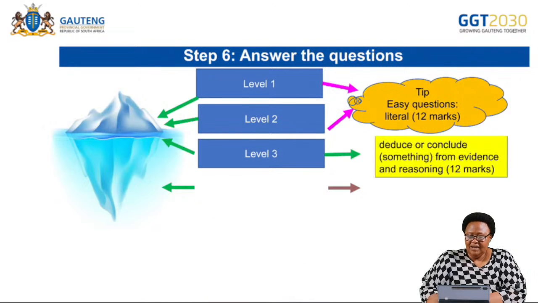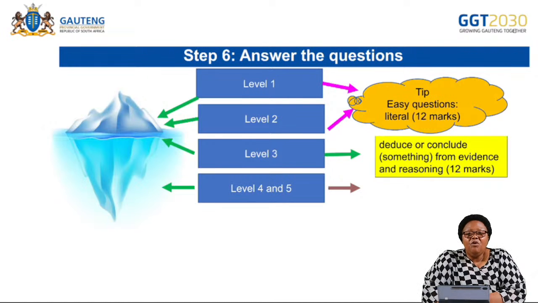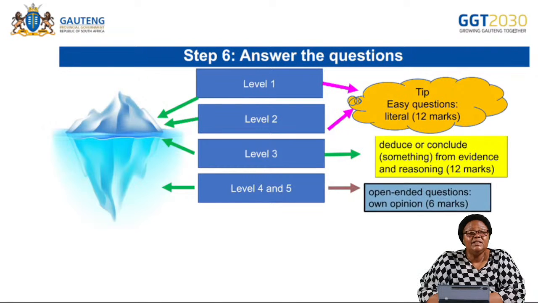And then we have level 3, where you have to deduce and conclude using the evidence from the passage. It's also carrying 12 marks. We have level 4 and 5 questions. You're going deeper now. We call them open-ended questions.